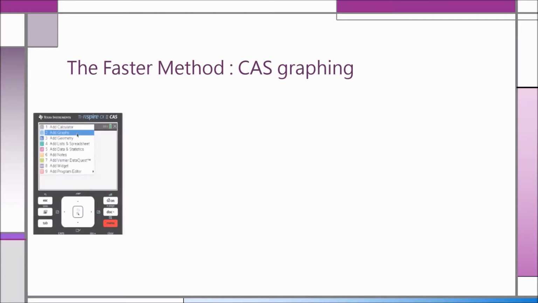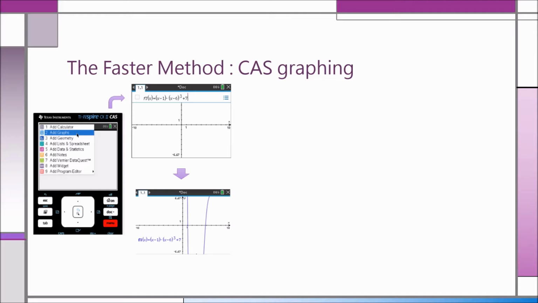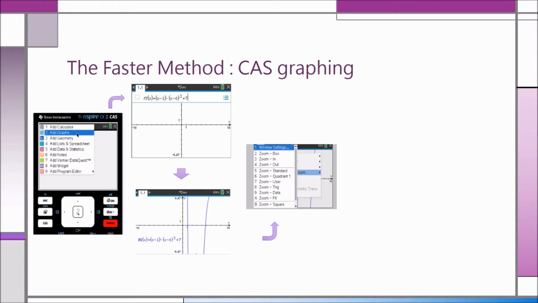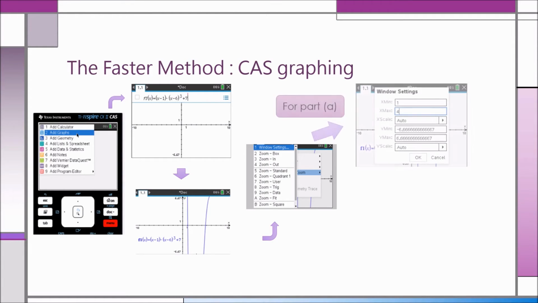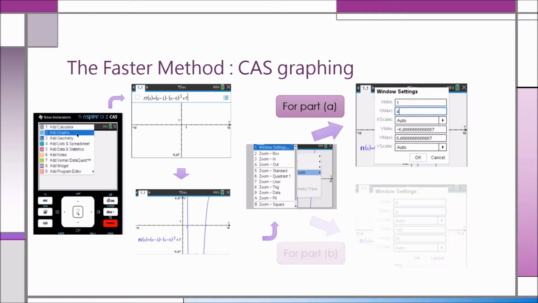First of all, we need to click the menu button on the CAS calculator and click Add Graph, and then we need to type in the function, and as you can see, the function will show graphically, and then we need to set the window to different intervals. For part A, we need to set x minimum to 1 and x maximum to 4, while part B is 4 and 9.